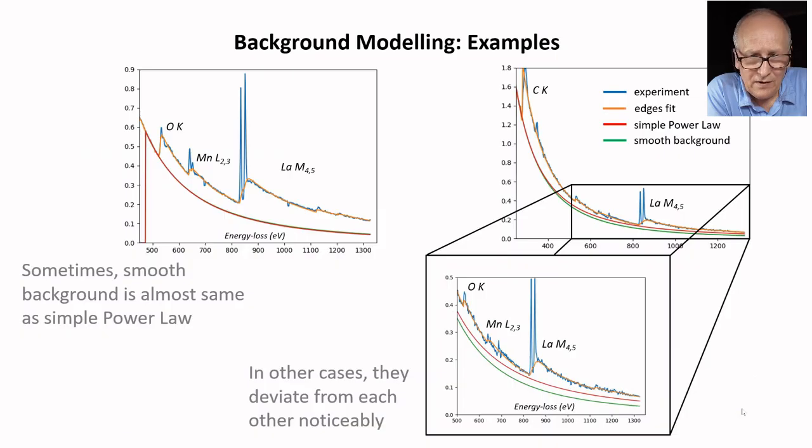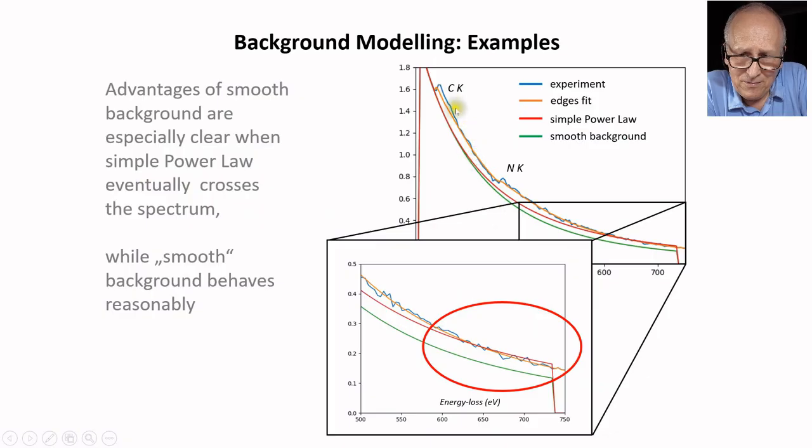Well, results. Sometimes our smooth background is almost the same as a simple power law, but sometimes it deviates noticeably. The advantage of the smooth background is especially clear in the cases when a simple power law simply intersects the spectrum somewhere.